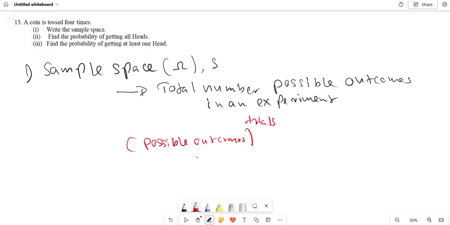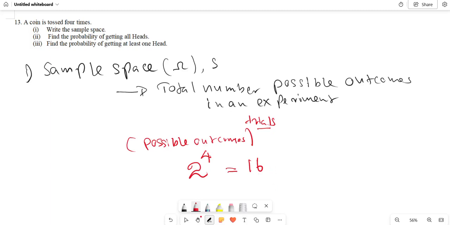Possible outcomes in tossing a coin is just 2, right? And how many trials are there? There are 4 trials, because you are tossing four times. Then 2 to the power 4 is 16. That means our sample space will have 16 elements.